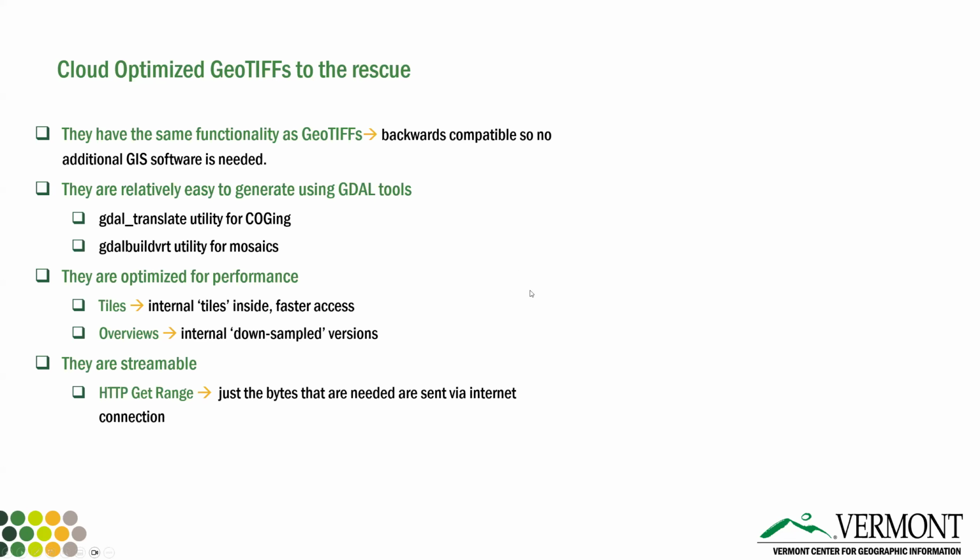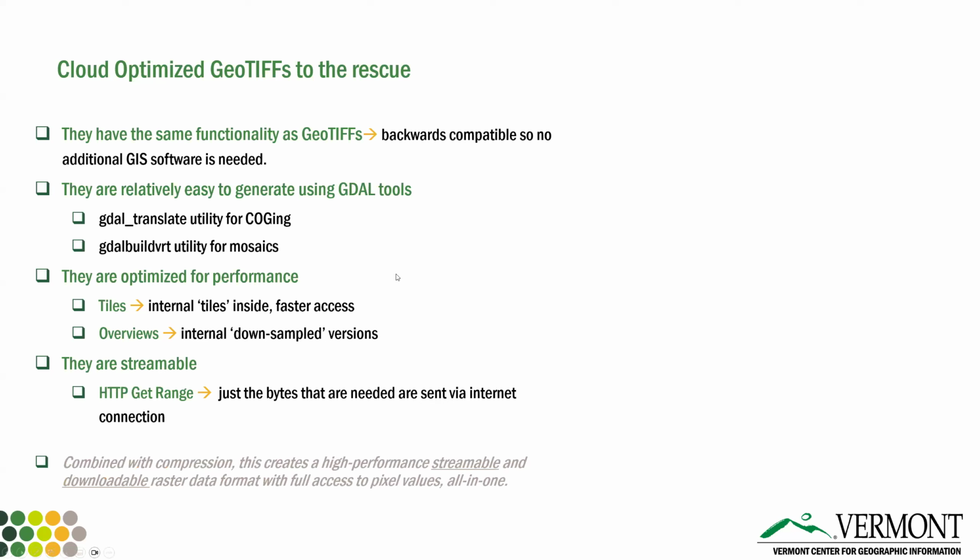And they're streamable. It leverages the HTTP GET range request. So depending on your extent and your level of zoom, it's just grabbing the data that it needs to grab. And if you're zoomed way out, then it's grabbing a tiled overview. So it doesn't require the whole bag to come along for the ride.